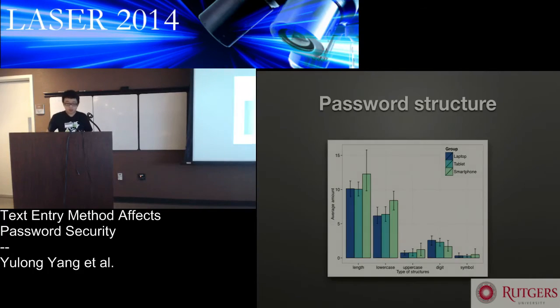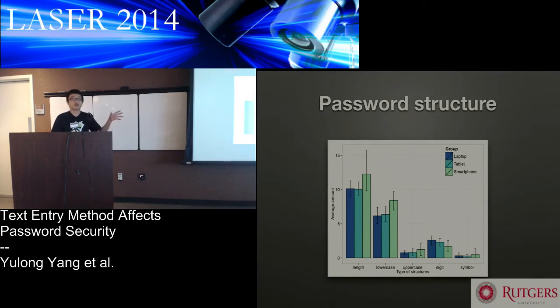Okay, so next. The first graph we want to show is the metrics we used for password structures. You can see on the graph we have 5 of them: the password length, and the number of lowercase letters, uppercase letters, digits and symbols in every single password.